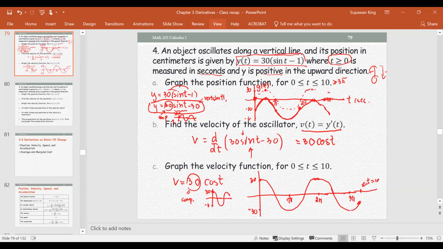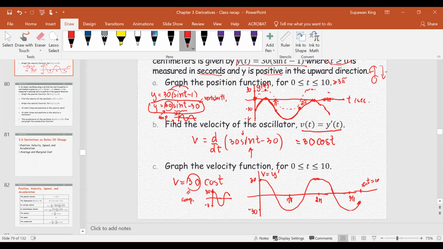If you compare the graph of the position function, which is y, and the graph of its derivative, v or y prime, similar to the way we analyzed the graph of the derivative of a function in section 3.2, let me use a different color.